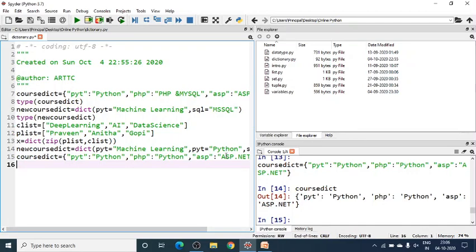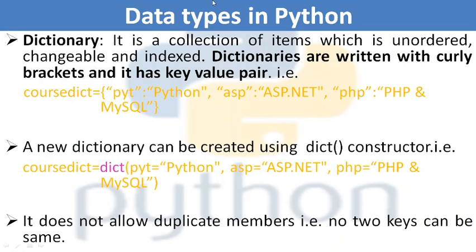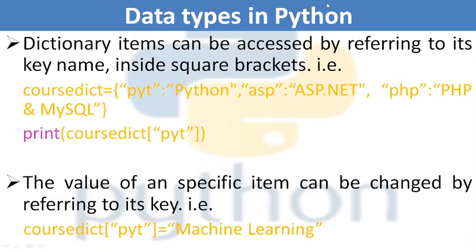Next, get back to our presentation. So dictionary items can be accessed by referring to the key name inside square brackets, as we were using in the case of a list to pick the value of the items using index. Here we use the key to pick the value of an element. Let us take it here.